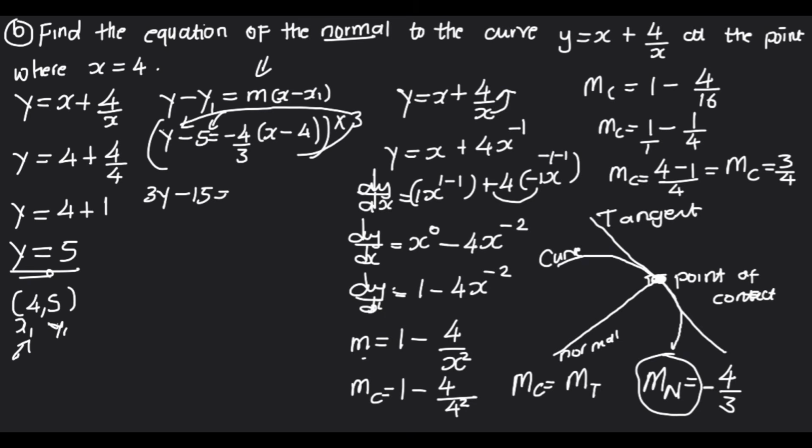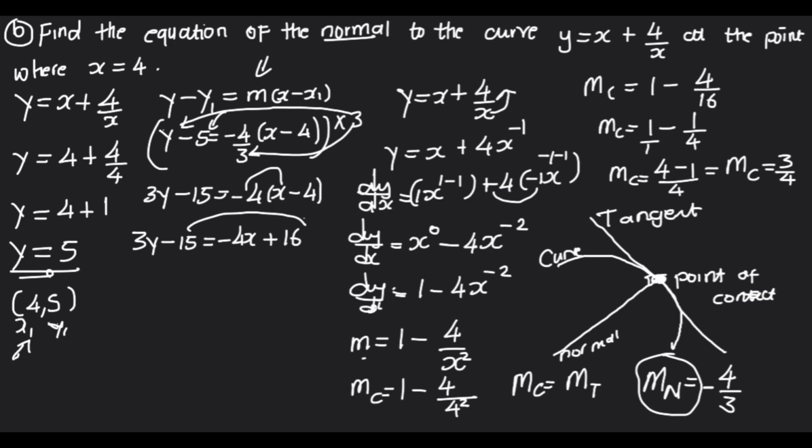Now this 3 will cancel with this 3, giving us negative 4. Then x minus 4. So 3y minus 15 is equal to negative 4 times x is negative 4x. Then negative 4 times negative 4 is positive 16.